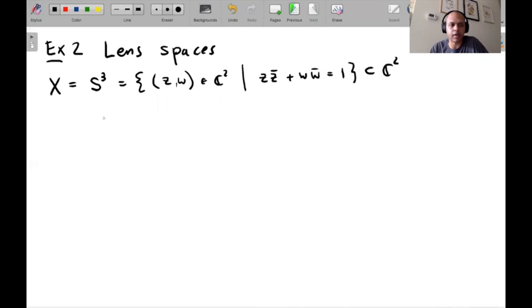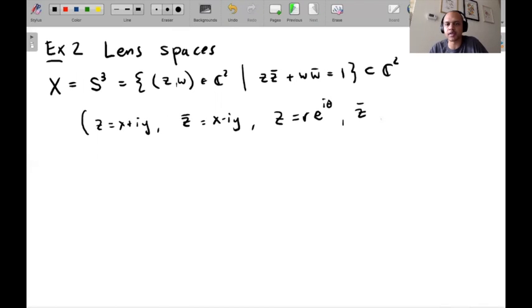If z is x plus iy, where x and y are real numbers, then z bar is x minus iy. Or maybe more helpfully, if we write z in polar coordinates as r e^{i theta}, then z bar is r e^{-i theta}.